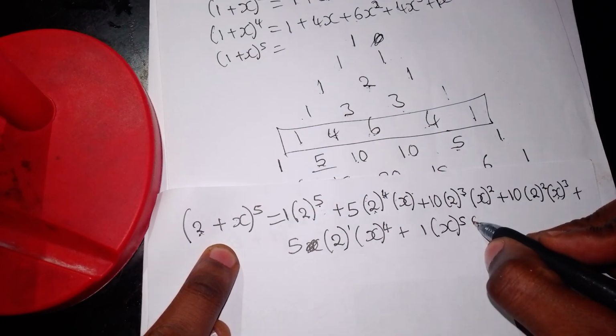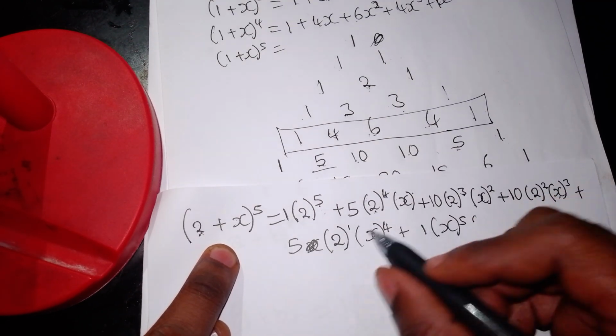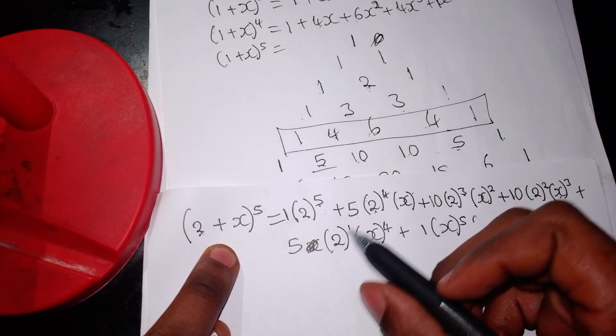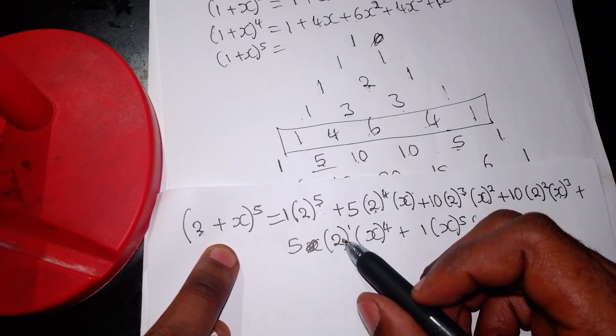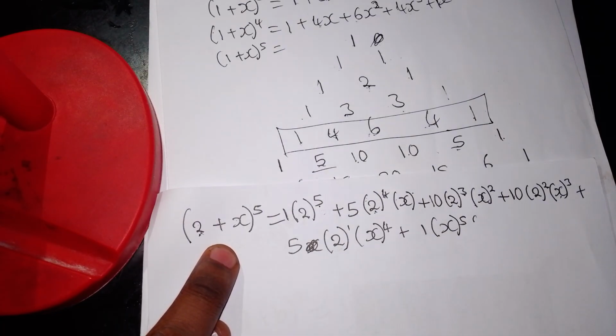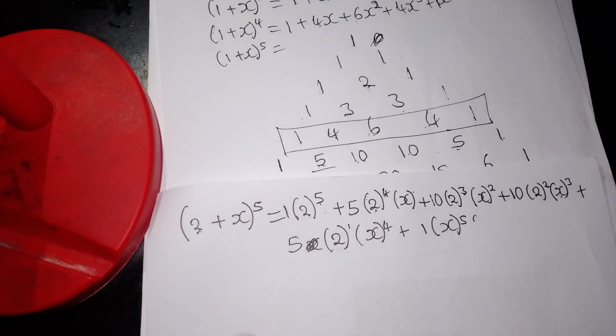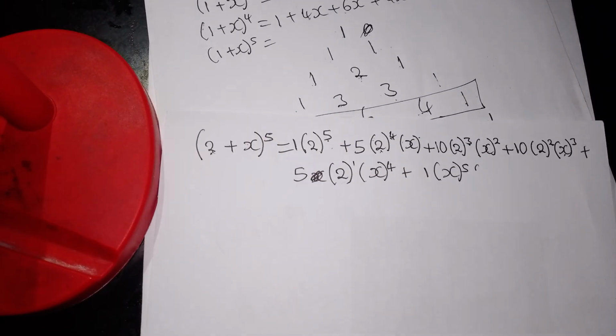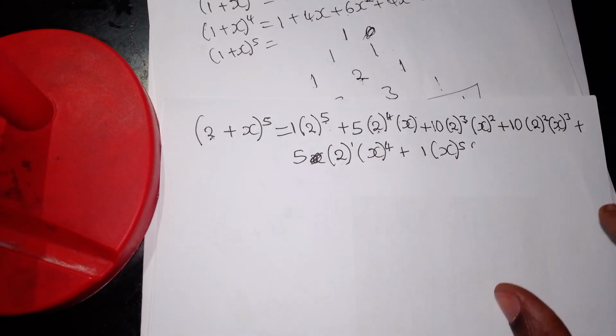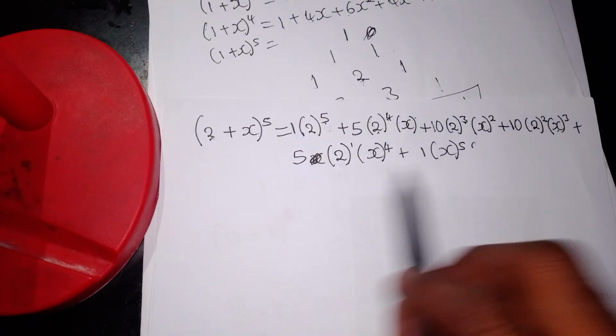You don't need the 2 here because 2 will be raised to the power 0 from 1. Remember, the powers of this are decreasing, whereas the powers of x are increasing by the same constant, which is a 1. And then now you can just simplify.